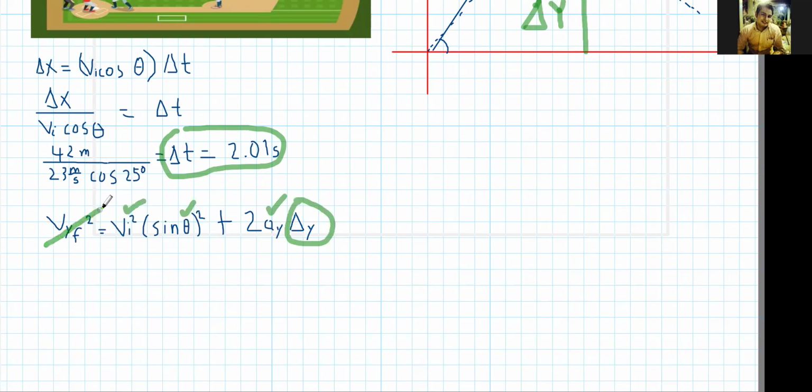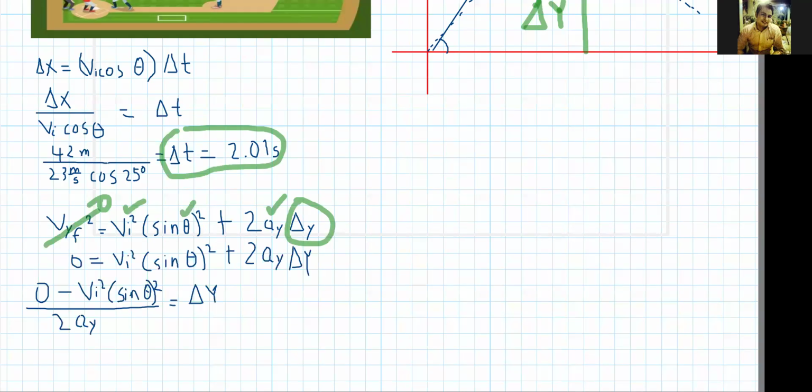So this is 0. So as you can see now, we have an equation with just one variable, the maximum vertical displacement. Okay, so let's solve for the variable that we are looking for. Substitute the given information, and then you will have the final answer corresponding to this question.